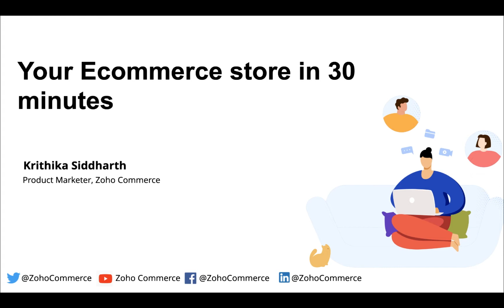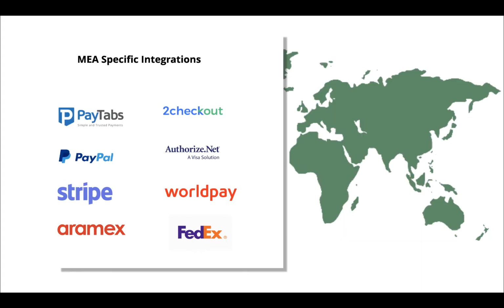So let's get started. Before I go into the prerequisites of the things that you need to start building your store, I just wanted to run through the different integrations we have for payment and shipping solutions. PayTabs is a very Middle East specific payment solution, and all these integrations are one click.